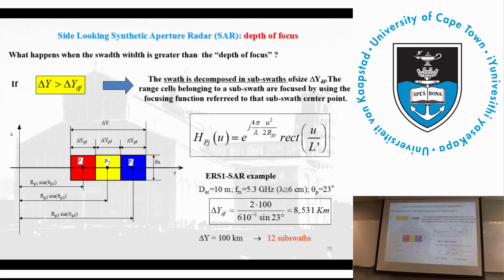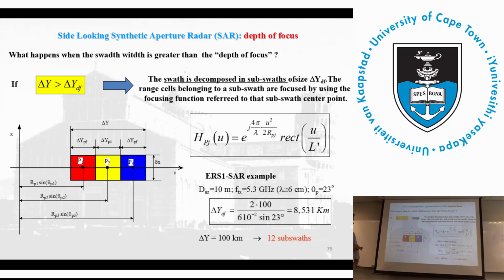Here is an example with ERS-1. This is a spaceborne satellite, a pretty old one, but just to give you an example of what happens if you put numbers in. This satellite system had an antenna that was 10 meters long in azimuth, so that was 5 meters resolution on the ground.